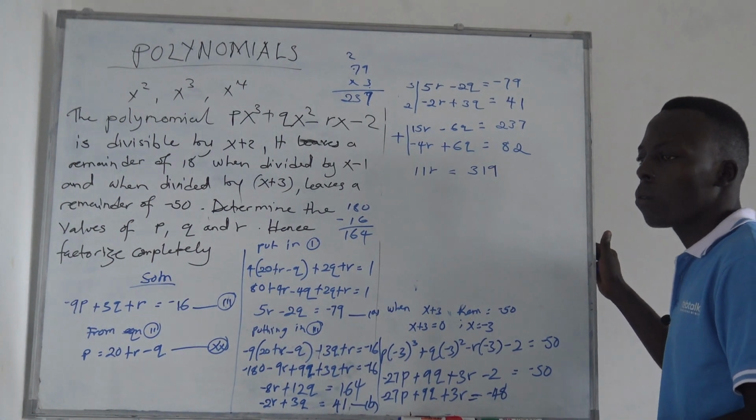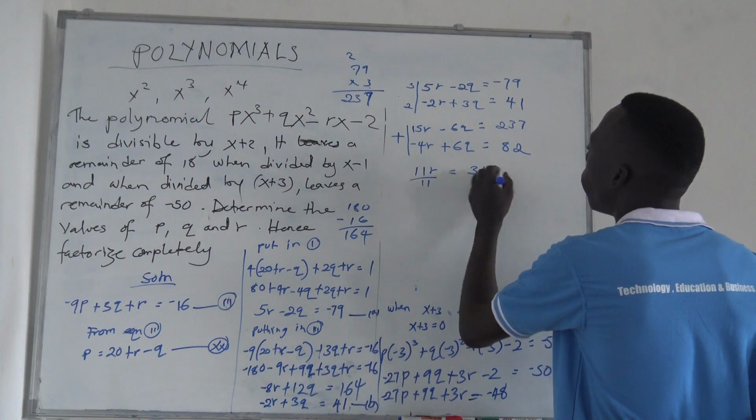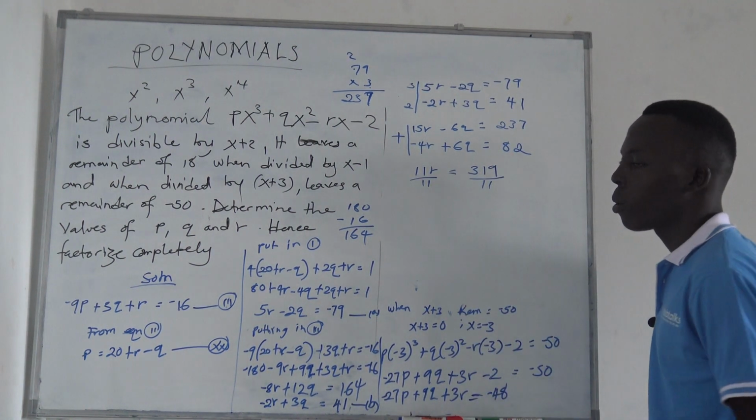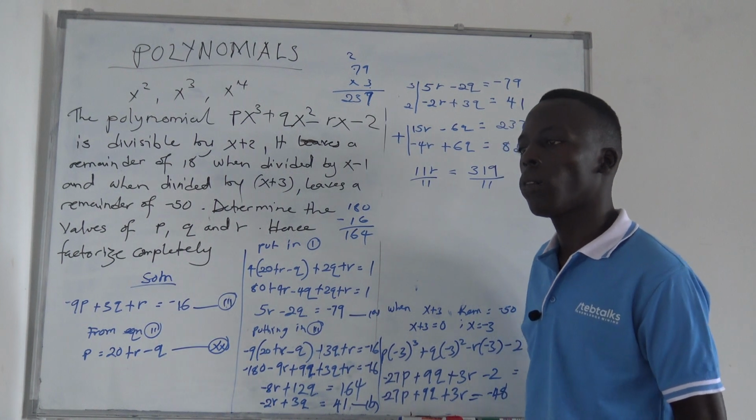So what do we do? We divide both sides by 11.